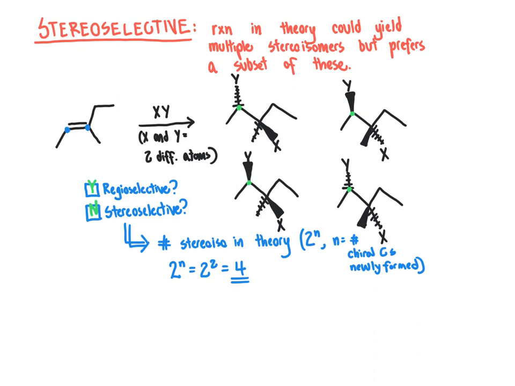So here, to go back to that rule or guideline, the number of stereoisomers in theory being equal to 2 to the n. If the actual number of stereoisomers is less than the theoretical number, that indicates the reaction is stereoselective. So if the actual number of stereoisomer products is less than the theoretical, based on the 2 to the n rule, the reaction is stereoselective.